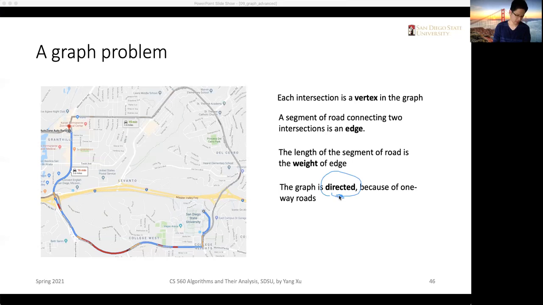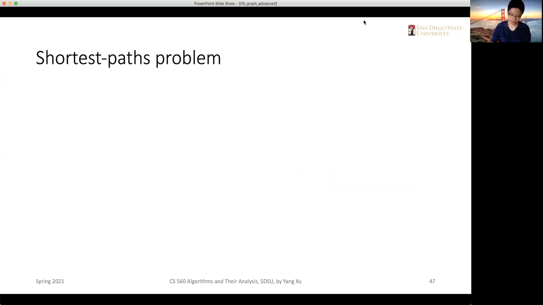It's not just about connectivity, but also which direction it is, and also how much weight it has. So it's a more complex problem for now. All right, so let's look at how this problem is defined.